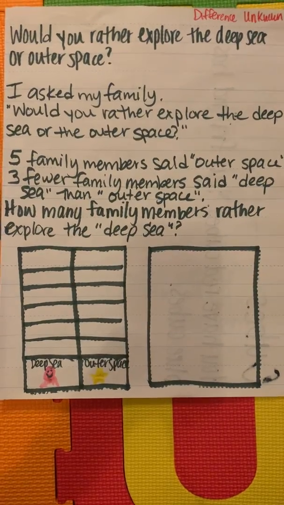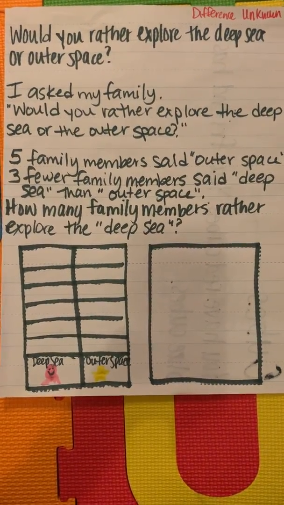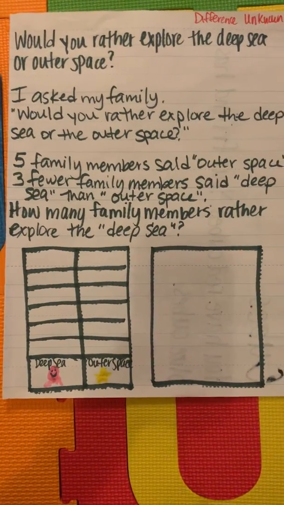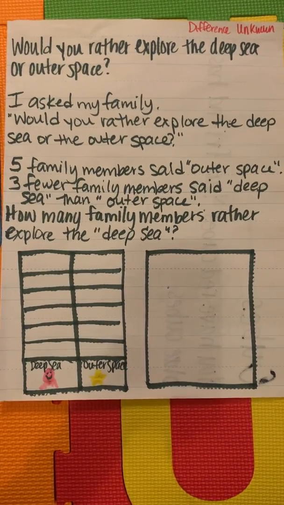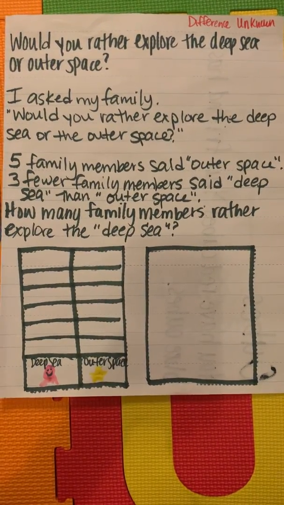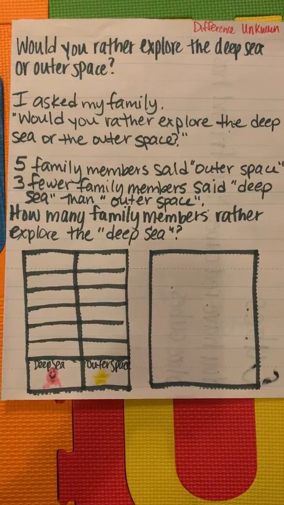So here's my question. I asked my family, would you rather explore the deep sea or the outer space? 5 family members said outer space. 3 fewer family members said deep sea than outer space. How many family members would rather explore the deep sea?